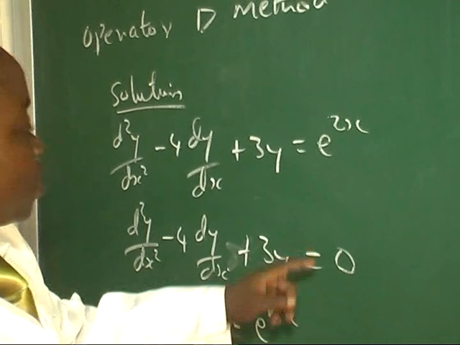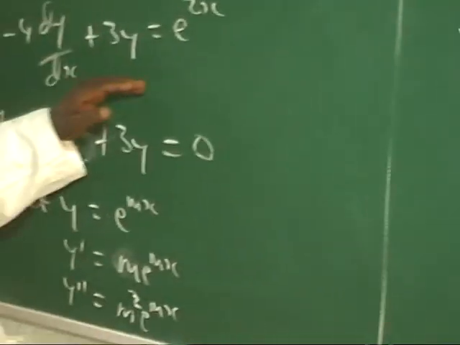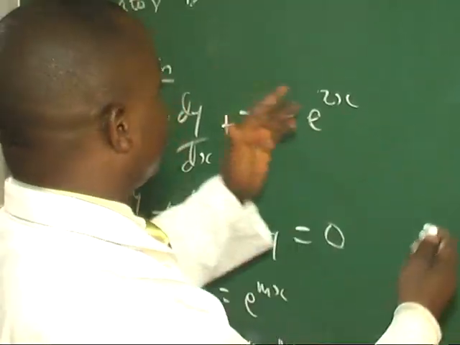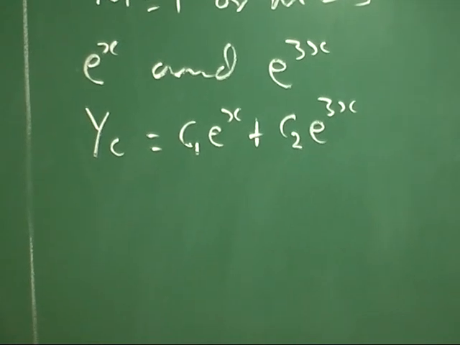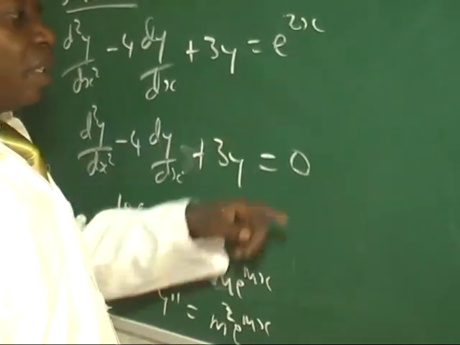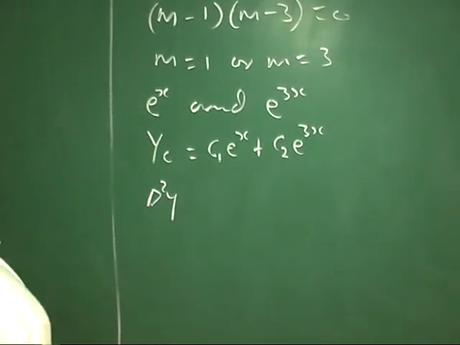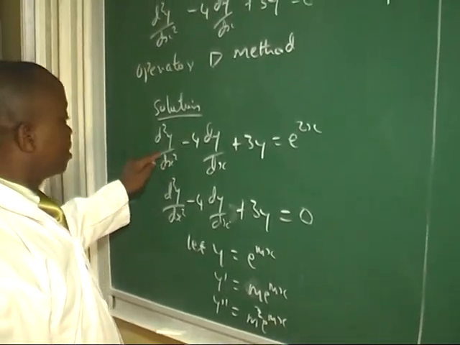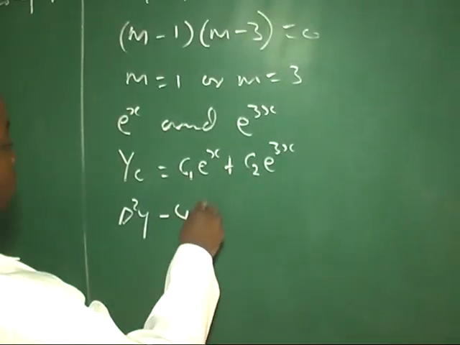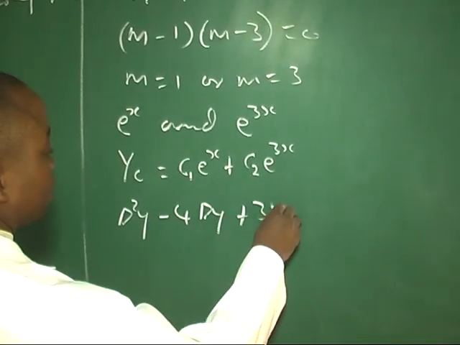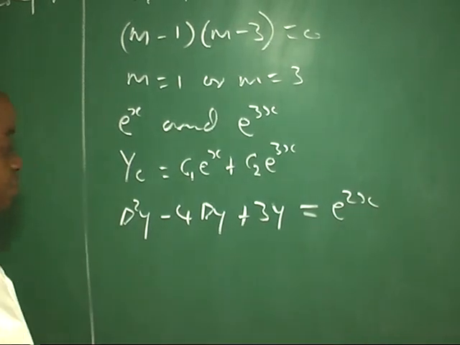To solve this part, let's write this in terms of D. We are finished with the other part, so we can write it in terms of D to enable us to solve this with operator D. We can write this second order differential as this, minus 4 dy plus 3y is equal to exponential 2x.